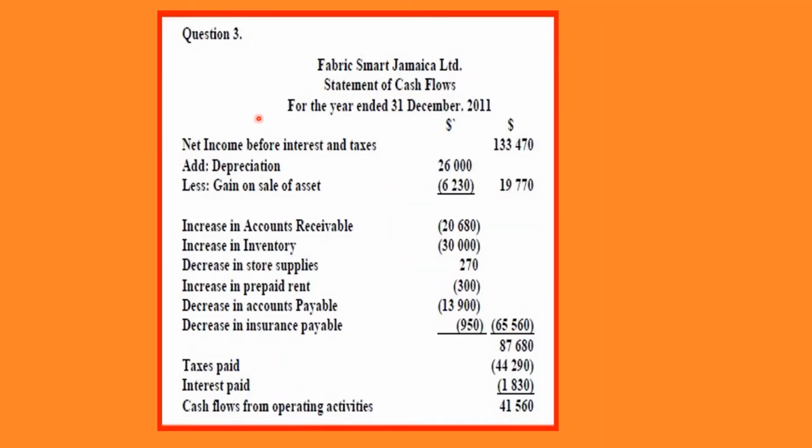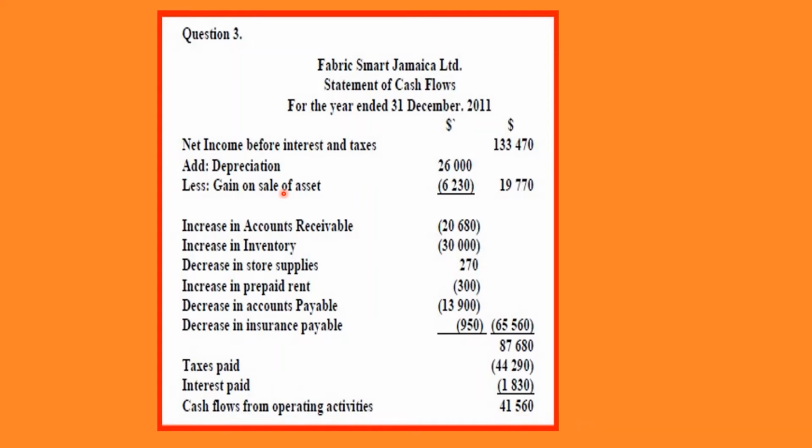Here we have the Fabric Smart Jamaica Limited statement of cash flows for the year ended. We start with the net income before interest and taxes of 133,470, and to that we add back the depreciation and we minus the gain on the sale of the asset.